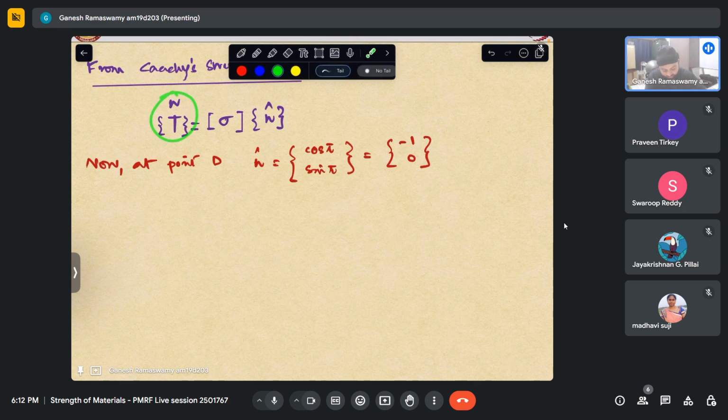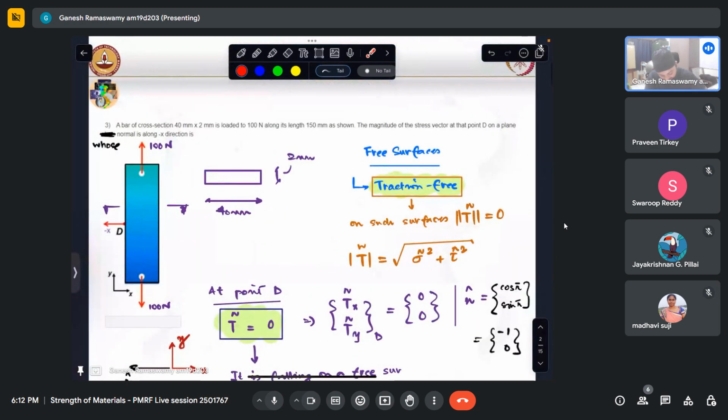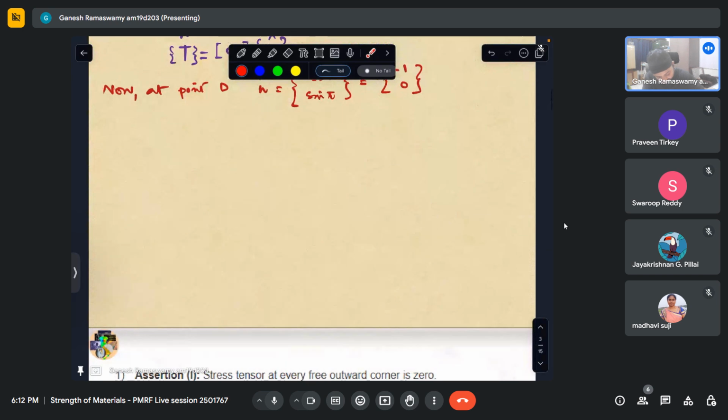So what I need to find is just the stress tensor. So from the given loading, I know this is a case of uniaxial loading and point D is sufficiently far away from the load points. So at any point in this region, my stress is only along the y direction, which is normal stress.